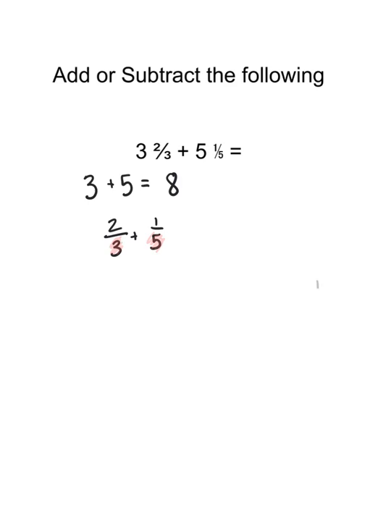So we need to find the least common multiple for 3 and for 5. So you're going to skip count by 3s, and you're going to skip count by 5s. The smallest number that's on both lists is your least common multiple, so that's going to be 15ths.